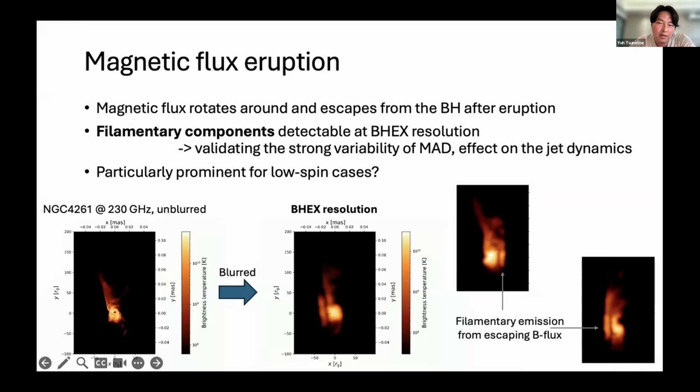At BHEX resolution, these filaments should be detectable, and this signature would allow us to test the strong variability unique to MAD, as well as the dynamical evolution of jets around eruption and flaring events.